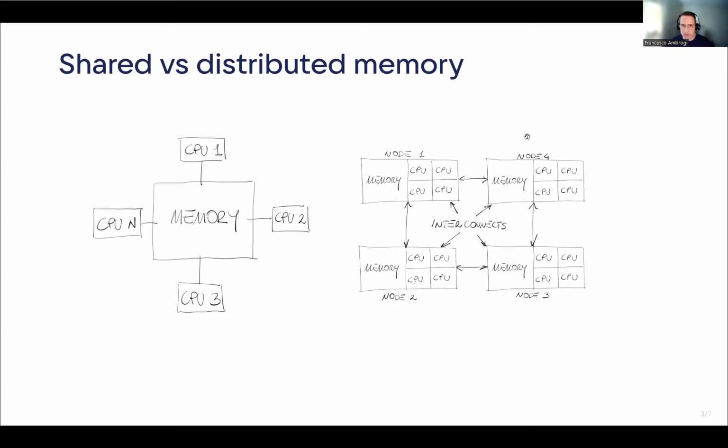In a distributed memory architecture, which is the architecture of most computer clusters, several CPUs or nodes are connected to a memory, and then they are all interconnected to each other via a very fast network. This is the way that, for example, the Alliance computer cluster works, and the one that we need to be comfortable using.